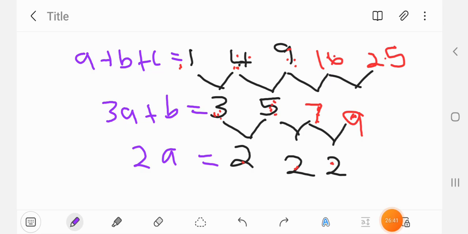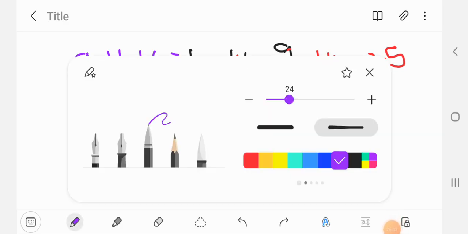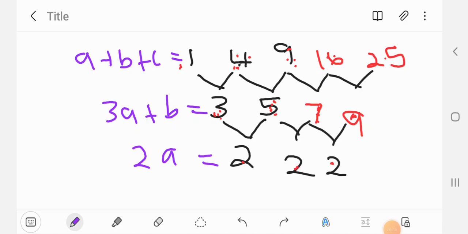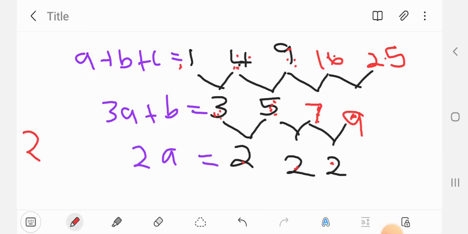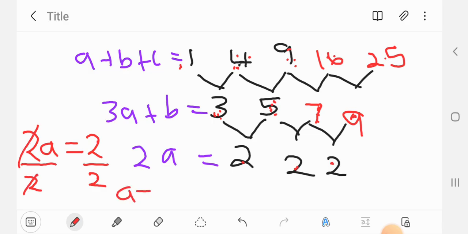And then now what we are going to do is look for the value of a. So I'm going to do it in a different color and just do it here. So 2a equals to 2. So we will divide both sides by 2. And then we'll find a is 2 divided by 2. And that is 1. So we're going to write here a equals to 1.